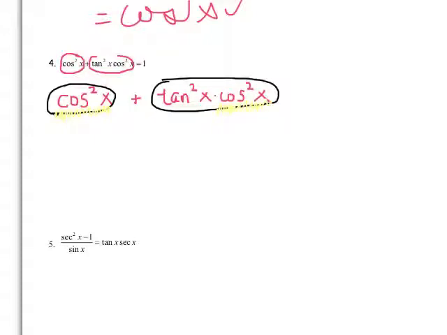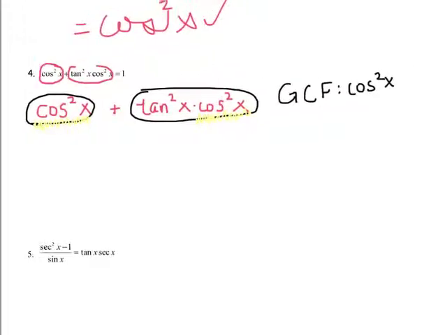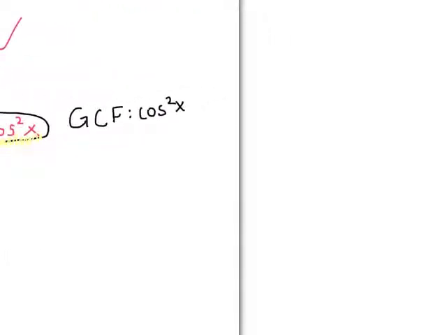Can you think of what that's called? That's called greatest common factor. They both have that common factor of cosine squared. Let me come over to the side and show you what I'm doing, back to algebra, and then we'll go back.